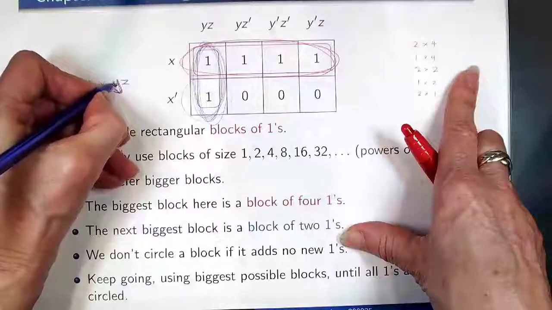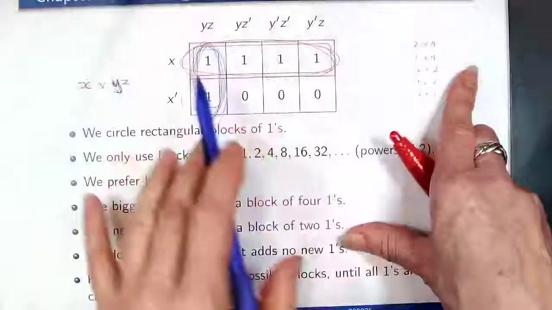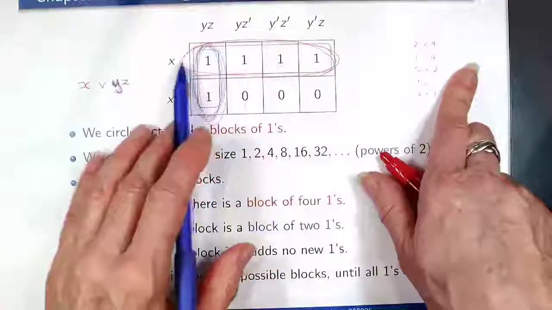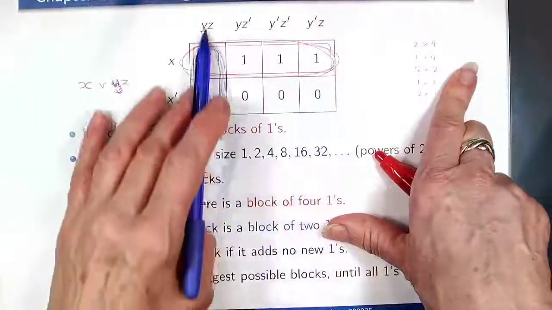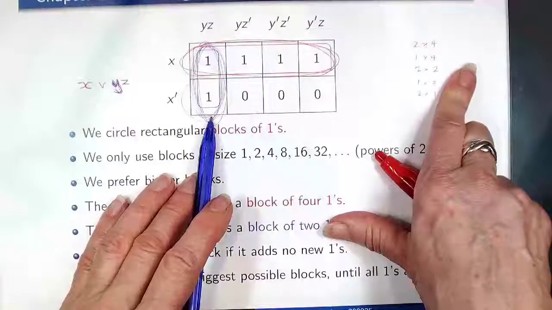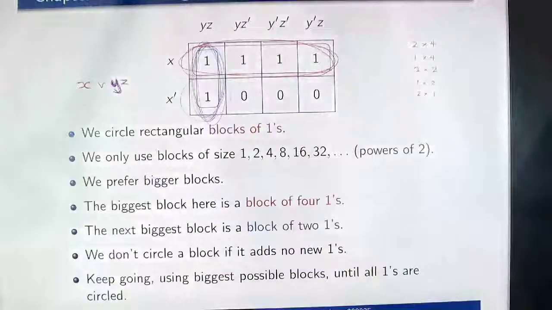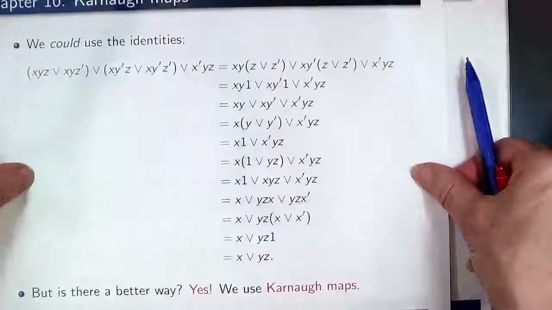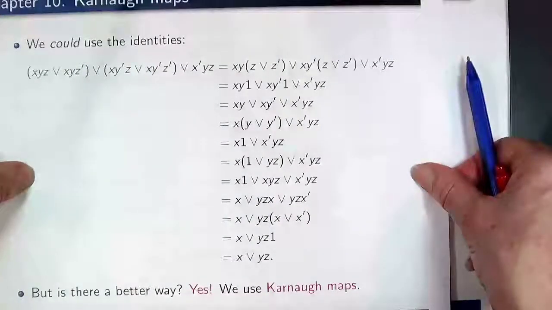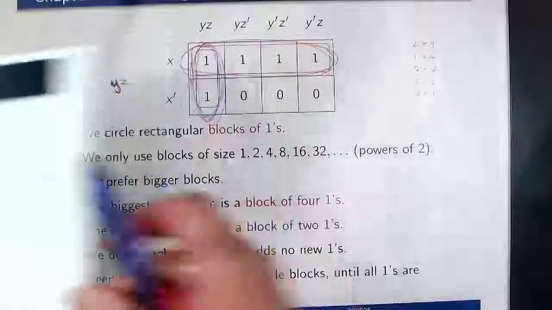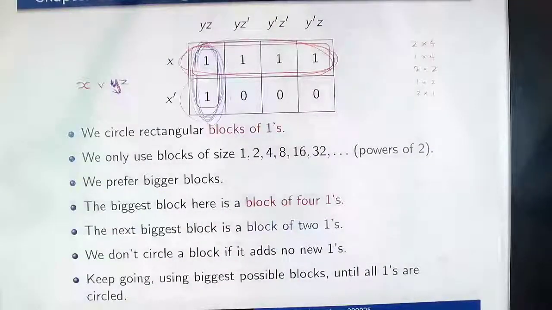So that describes the function, doesn't it? The function is 1 when we've got x or yz. Agree? And we saw that by picture. It's an easy way of doing it. I reckon it's not as much fun as doing it this way, but it's easier. And you might think it's more fun doing it pictorially anyway.